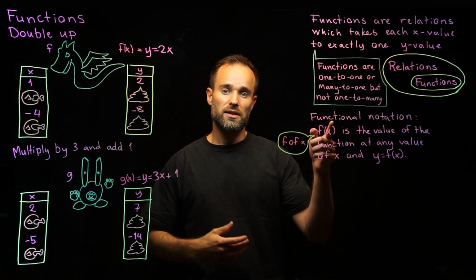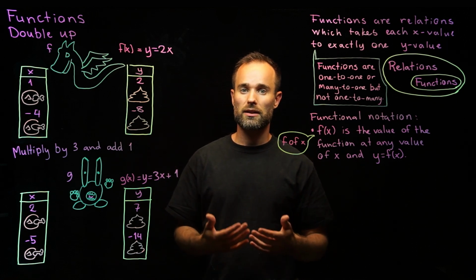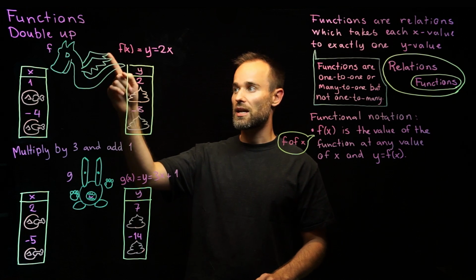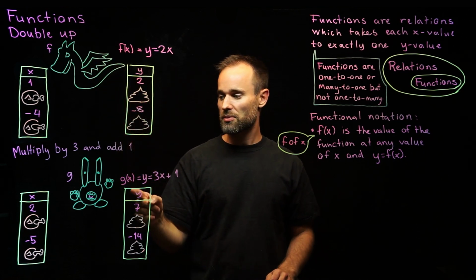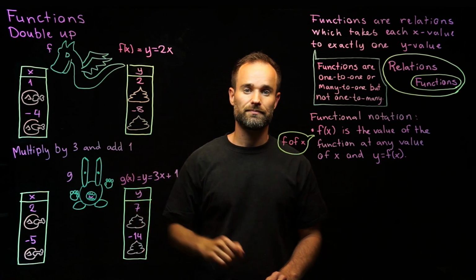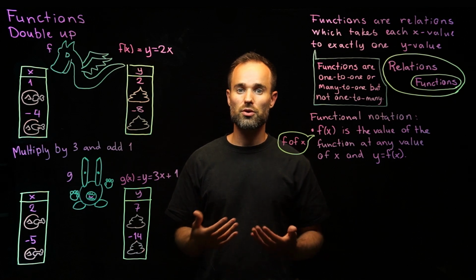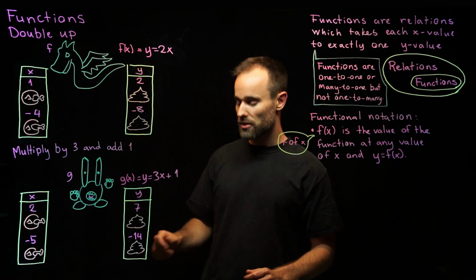F parentheses x reads f of x, and we might write y equals f of x because this is the f function, and y equals g of x because this is the g function. Using this notation, our first two double-up calculations can be written as follows.